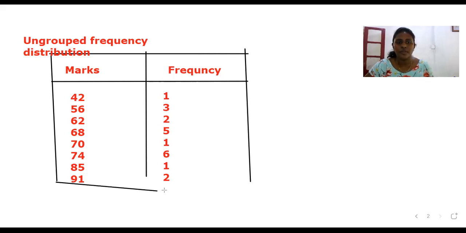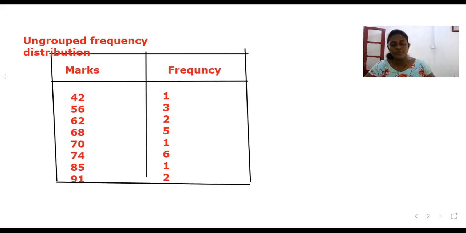In an ungrouped frequency distribution table, we can also find the mode, median and mean. Throughout this lesson, we are going to learn how to find those things also. Straight away we can find the mode of an ungrouped frequency distribution in this way.